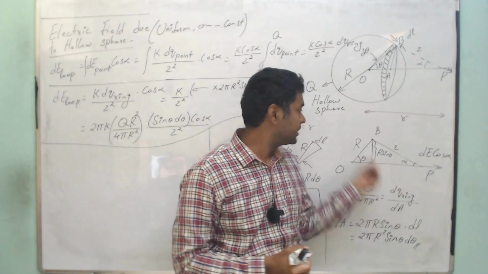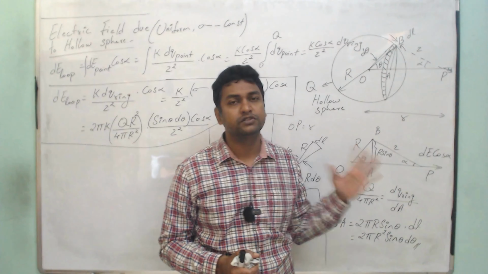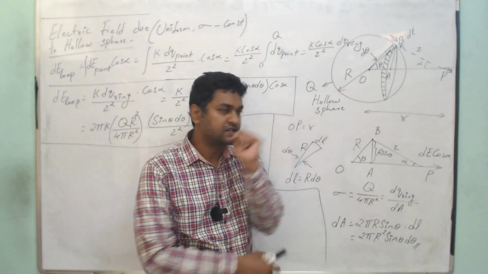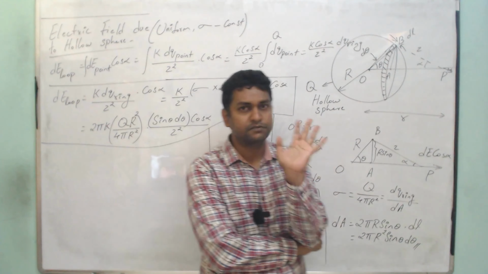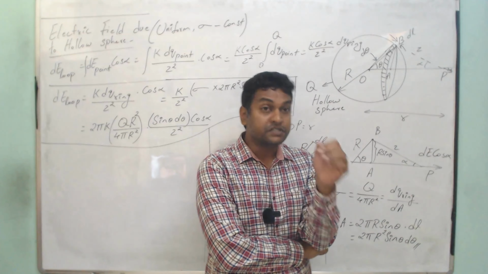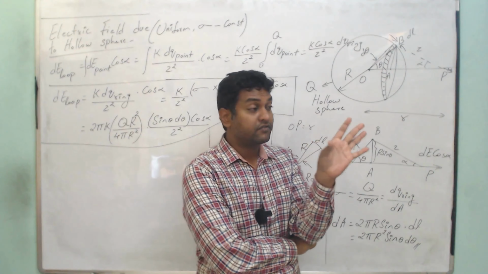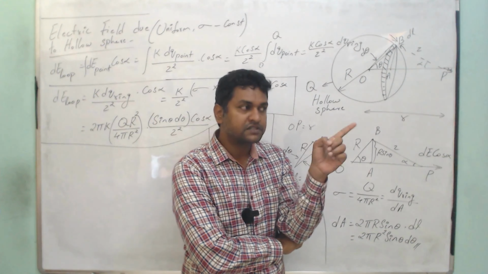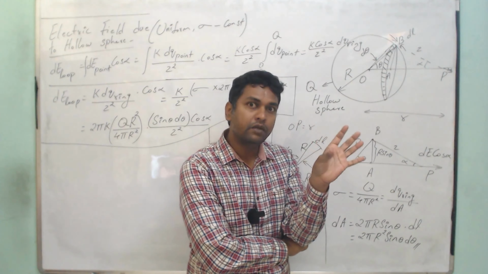So let me understand how to solve this problem using geometry. Whenever I am doing a derivation and I am stuck, especially in physics, I will first think that I need to take help of geometry.